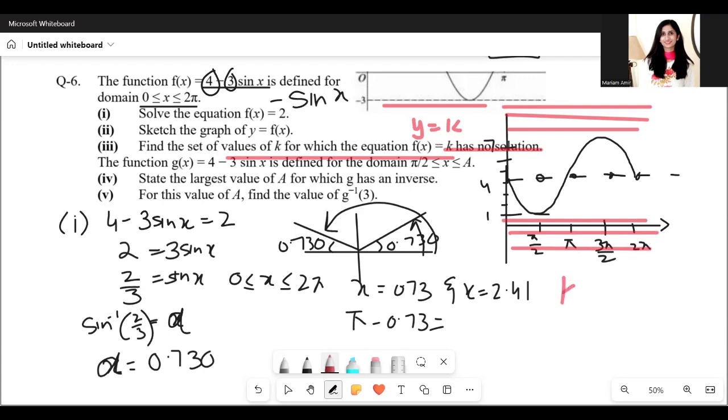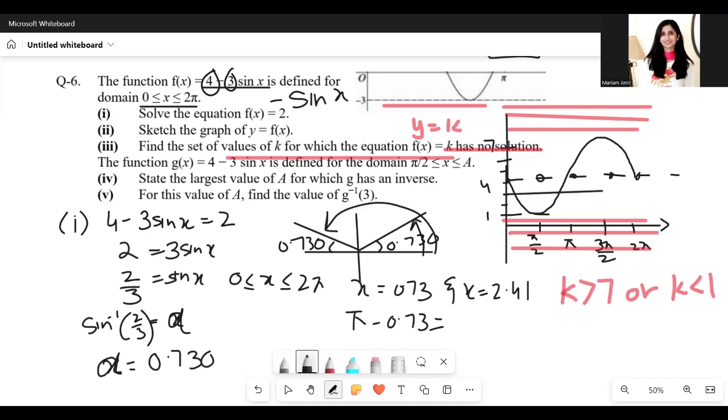So if k is greater than 7 or if k is less than 1, then you will not get any solution. Otherwise, if you draw any horizontal line between 1 and 7, you will definitely get some points of intersection or solutions. So the answer is k > 7 or k < 1.